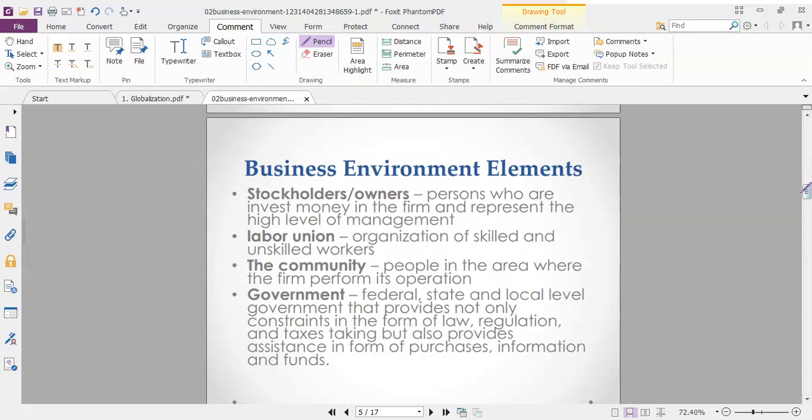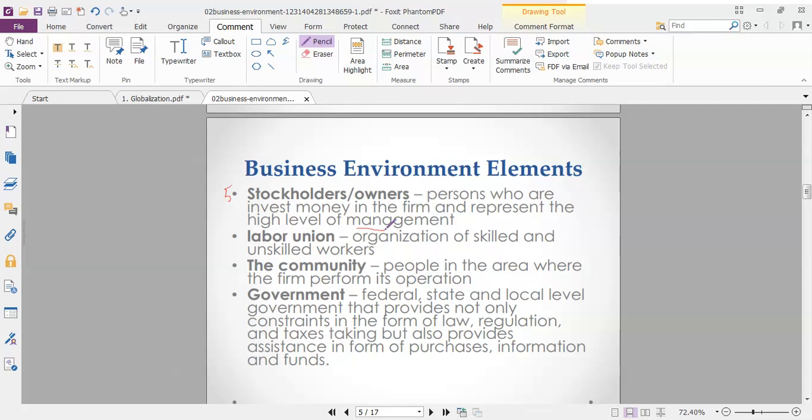Then number five is stockholders. Stockholders or the owners are the persons who invest money in the firm and represent the high level of management. So the person that has authority towards the business, the person who has the power to do the decision making of the business, we call a stockholder or owner.